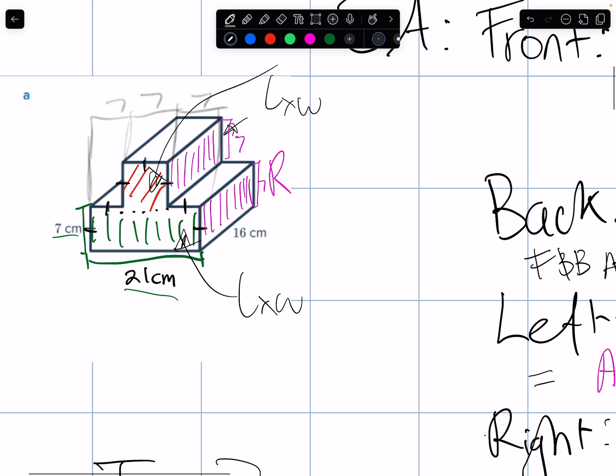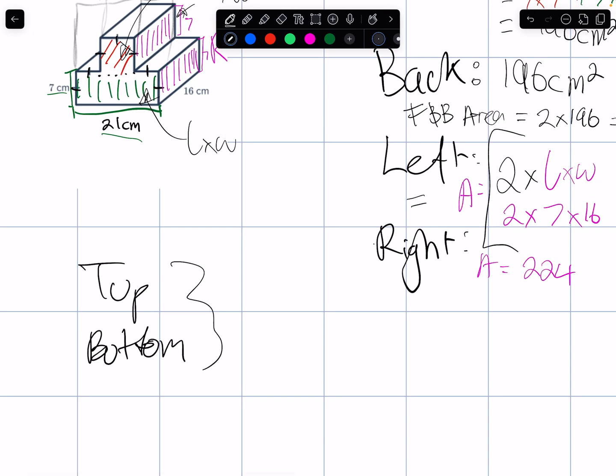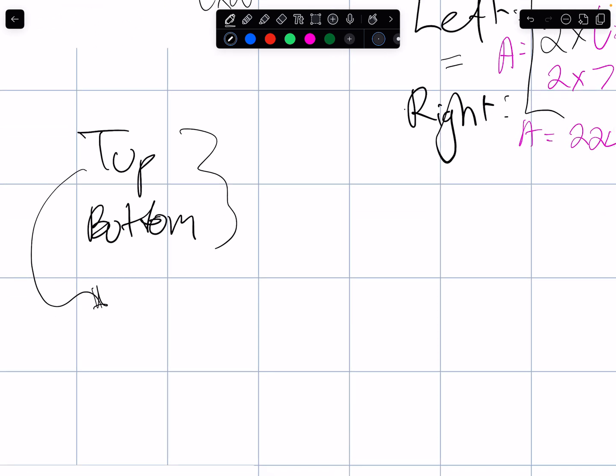This is why I really like this shape: if you looked at it from the bottom, you would see a 21 by 16 rectangle. And if you looked at it from the bird's eye, I'll even draw it out over here, you would see where all of these are the same, and this is the same.